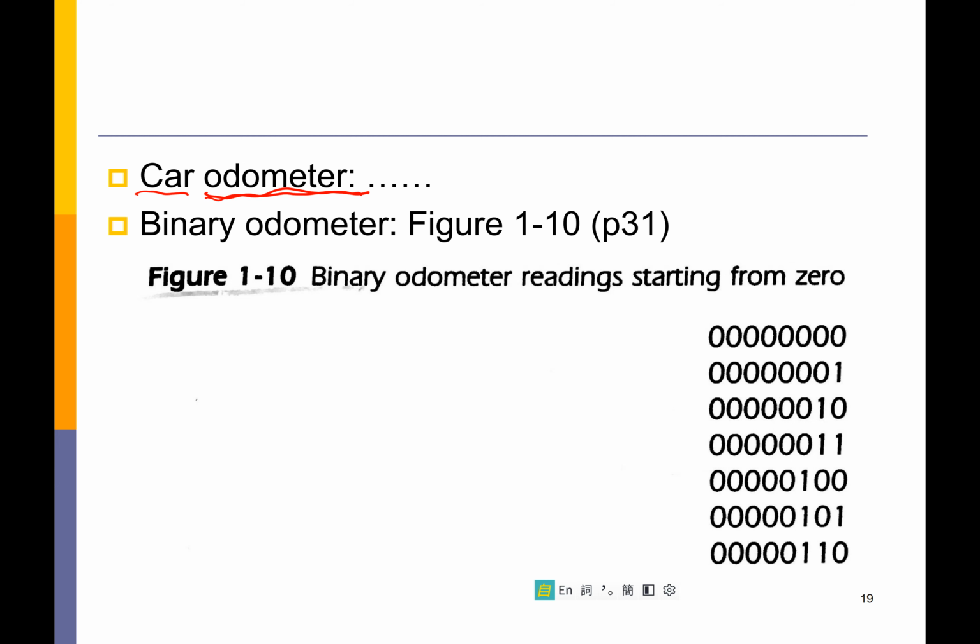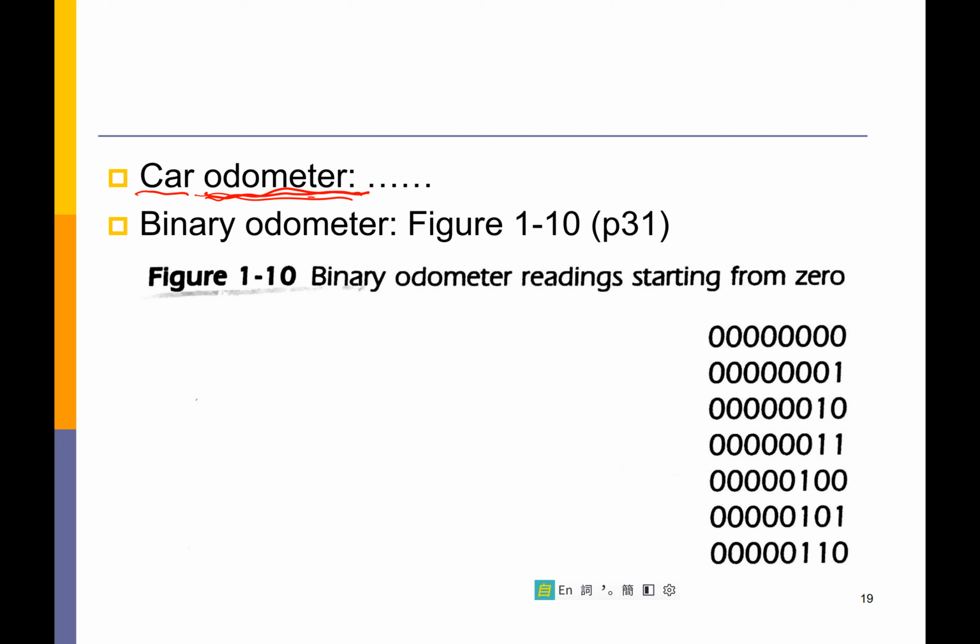So when you buy a second-hand or used car, normally you will check the odometer to determine how long this car has been used and the condition of this used car.